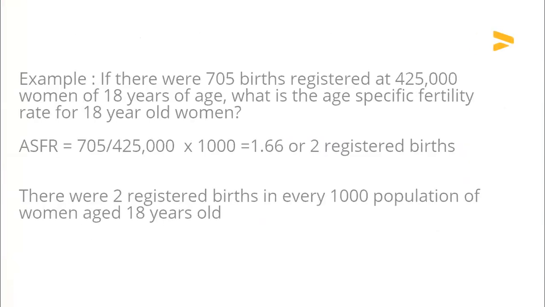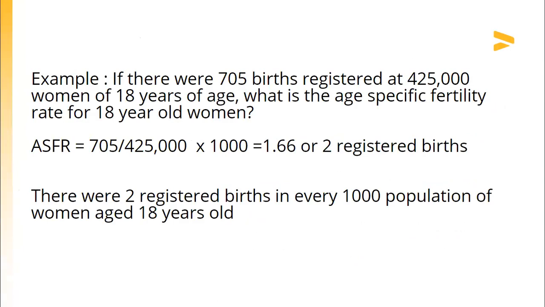Example, if there were 705 births registered at 425,000 women of 18 years of age, what is the age-specific fertility rate for 18 years old woman? So again, how do we compute for ASFR? We count the total number of live births in that particular age period.